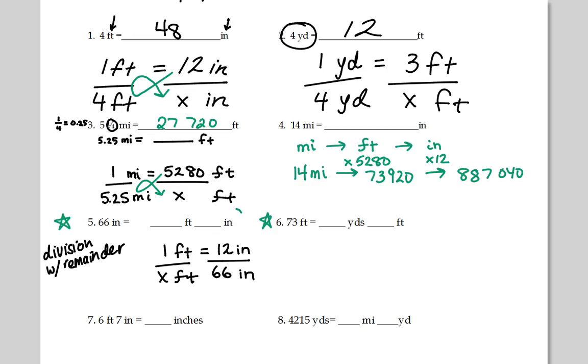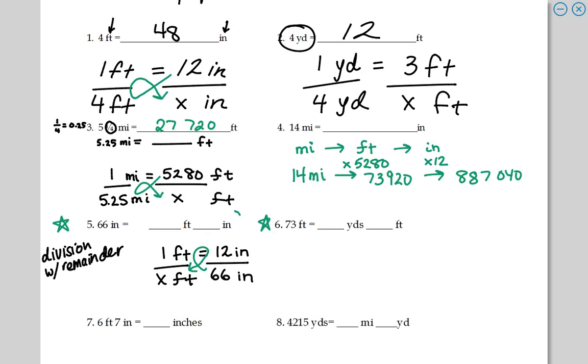Look what happens. Am I timesing by 12 anymore? No. Because 12 is across the x, I have to divide by 12. 66 times 1, does that change anything? So 66 divided by 12 is x. Like that.